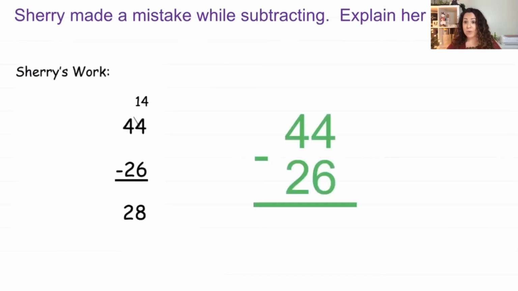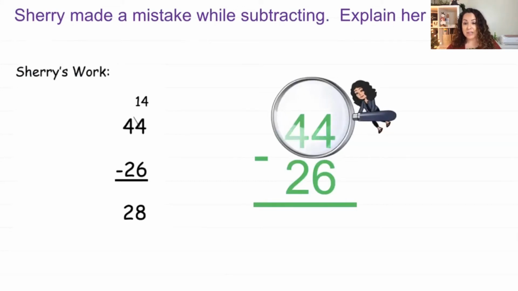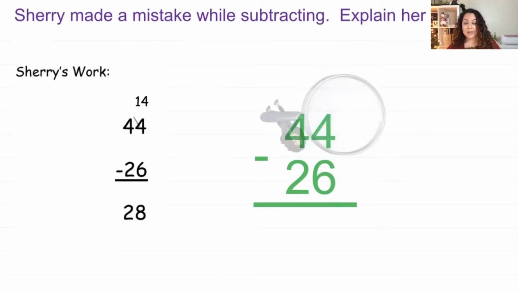So I rewrote the problem vertically, just like she did. And remember, I'm going to go ahead and analyze that top number, 44. And if I have 4 ones and 6 ones, I am definitely going to have to unbundle a 10 because the number on the bottom is greater. So let's go ahead and see what that looks like.